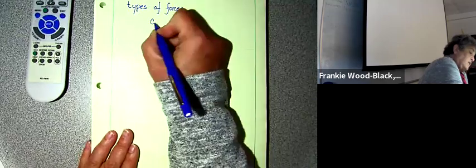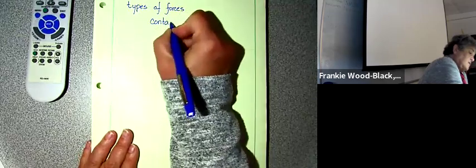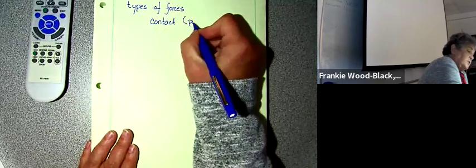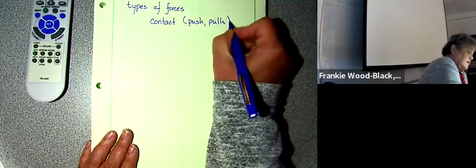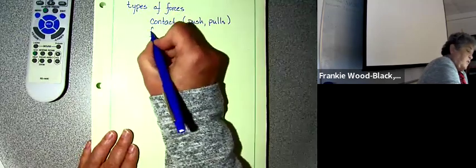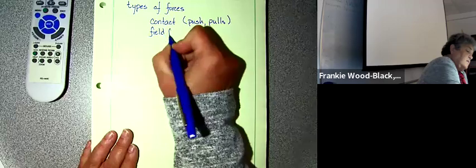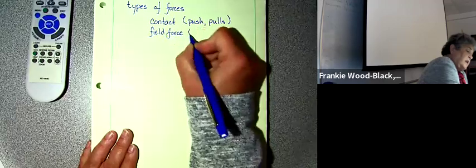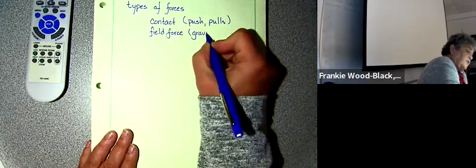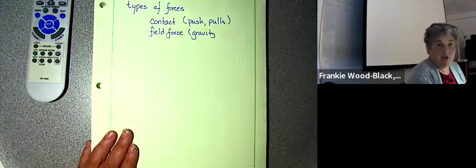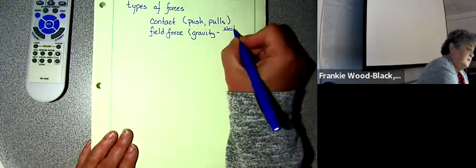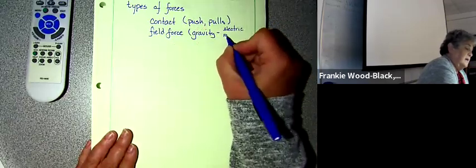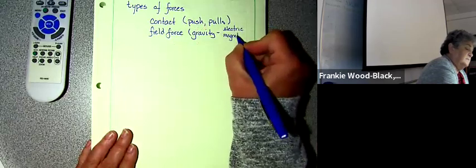We have our contact forces, which are our pushes and pulls. We have a field force, which is going to be like gravity. And for those of you that have to take physics 2, we're going to find out that this is also electric and magnetic. We'll have those down the way.